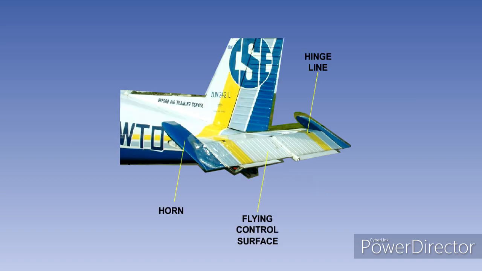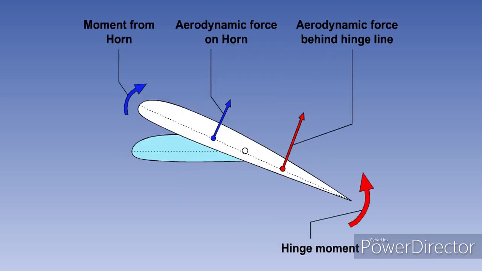The principle of horn balance is similar to that of the setback hinge. The horn is part of the control surface and is forward of the hinge line. In flight, when the control surface is displaced, as shown in the diagram, aerodynamic forces will be generated both fore and aft of the hinge line.